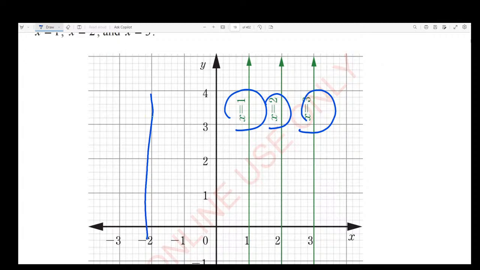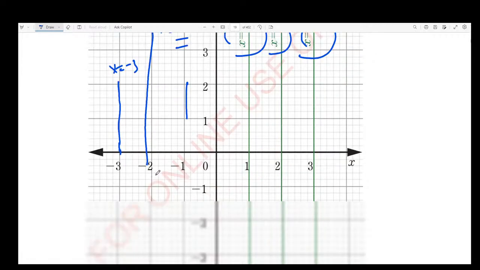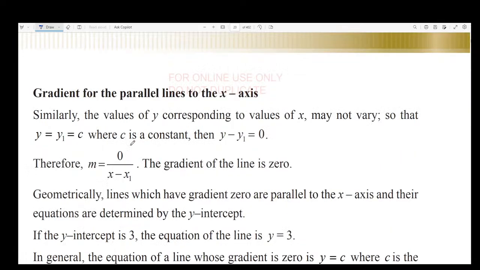Forgive my rough sketching, but here you can also have a line x equals negative 3 and so forth, x equals negative 2, x equals negative 1, and so forth. Also, that is the gradient of a line parallel to the y-axis.